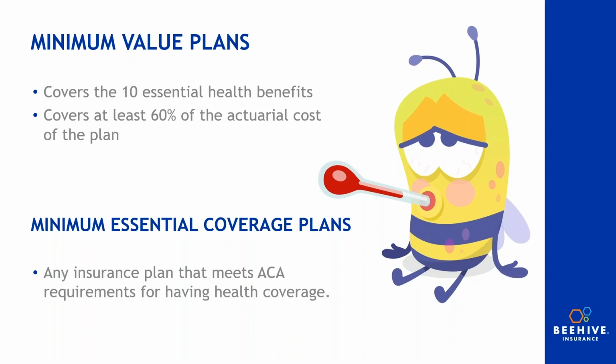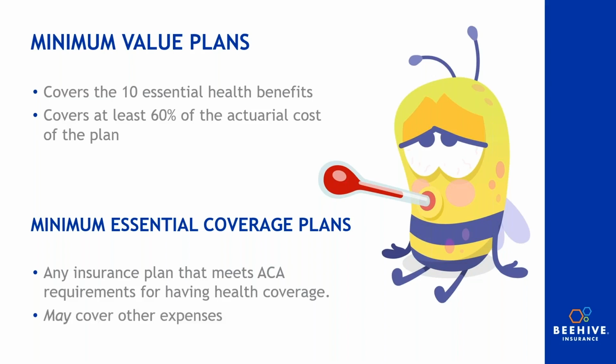A MEC plan is any insurance plan that meets ACA requirements for having health coverage. And I know that is super specific, but that is basically the minimum requirements for a MEC plan, is it meets ACA requirements. Generally, that means some preventive care. That's about it.